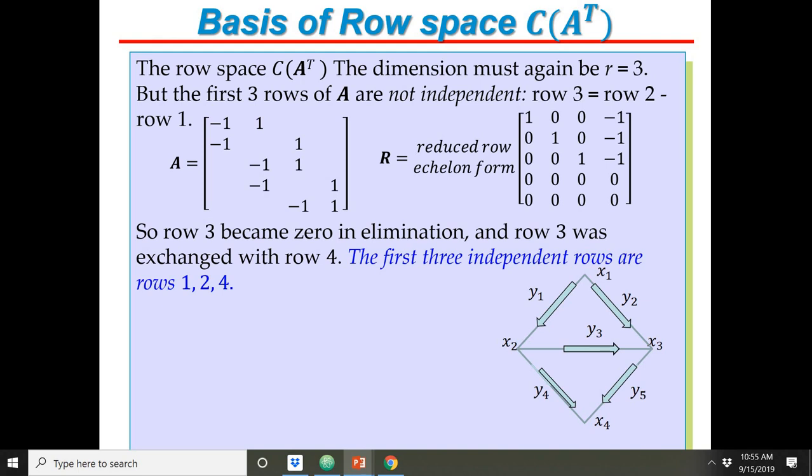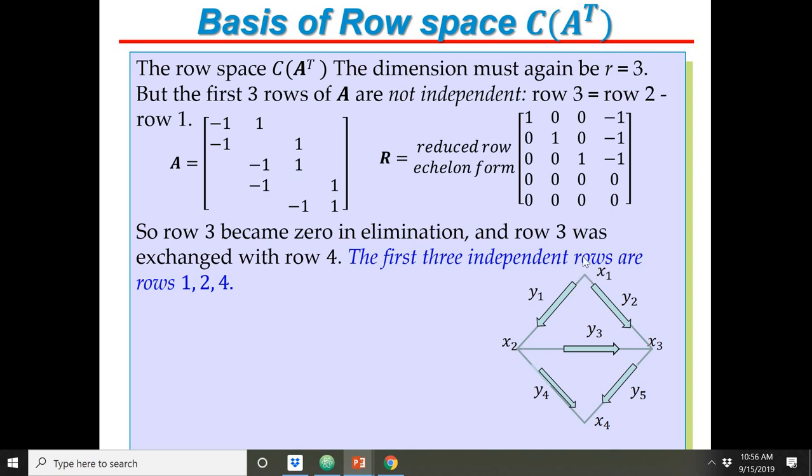There is a very nice way to identify, without doing any algebra, which rows are independent. Let me remember, each row corresponds to a current. So if you look at the first, second, and third rows, and you look at the currents, they are in a loop. So we can immediately associate dependent rows with loops. And let's look at rows 1, 2, and 4.